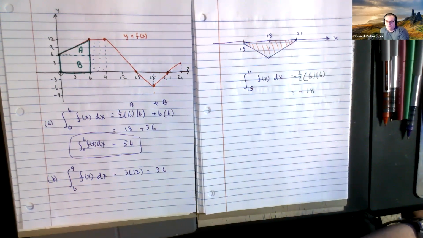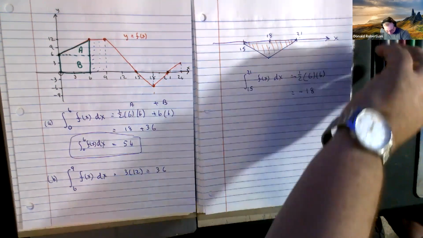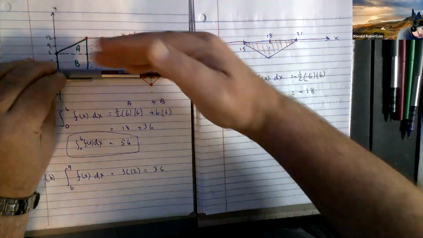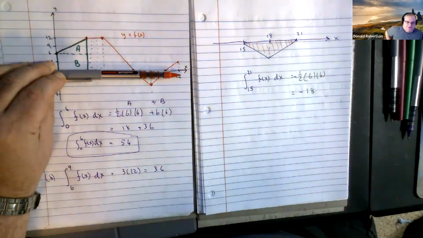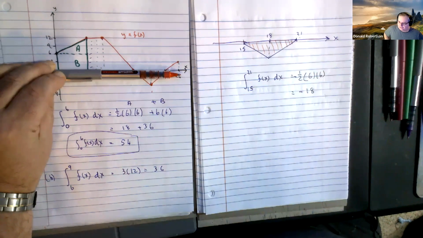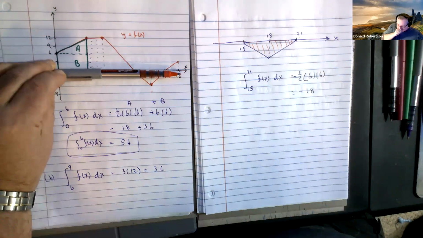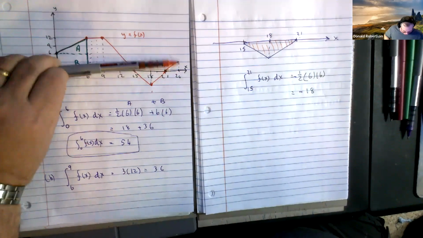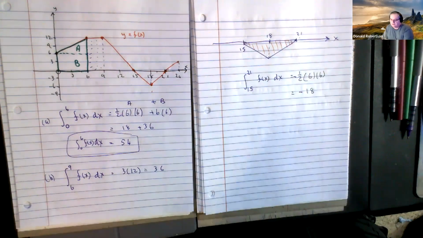And the reason why we use those extra words under the curve instead of just saying area is because there is a convention. And the convention is that if the curve is above the x-axis, you make positive areas. But when it's below the x-axis, you make negative areas.